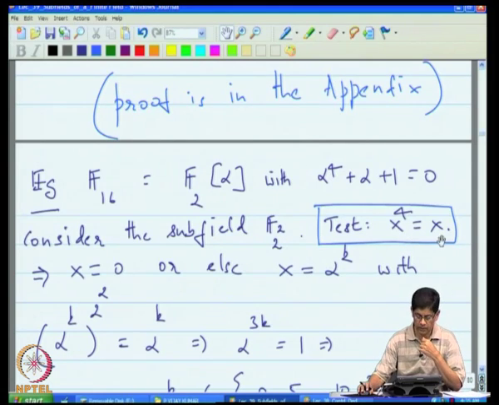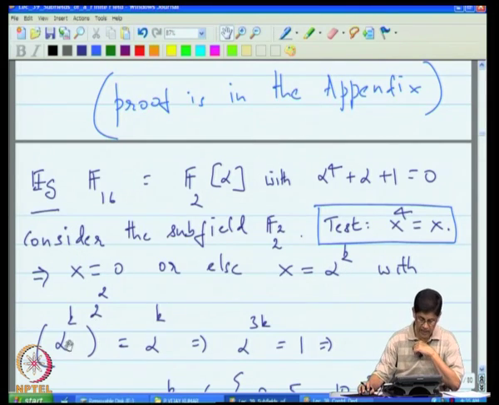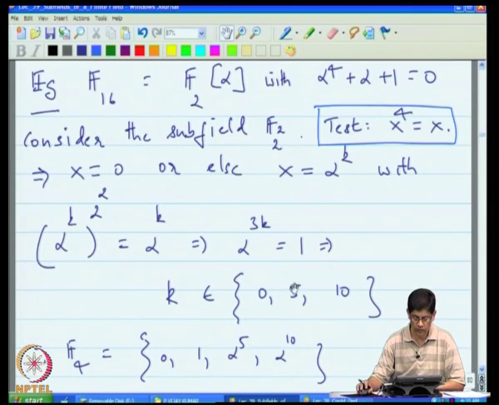But x to the 4 equals x can happen either because x is 0, or else x is equal to alpha to the k, because every non-zero element can be expressed as a power of alpha, with alpha to the k raised to the 4th power giving you back alpha to the k. That is alpha to the 4k equal to alpha to the k.